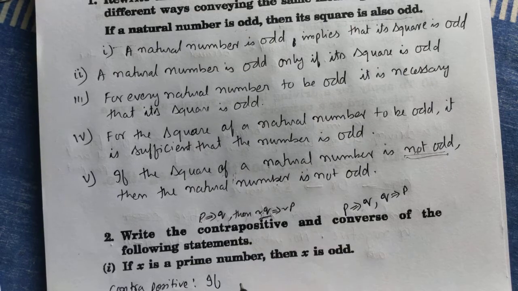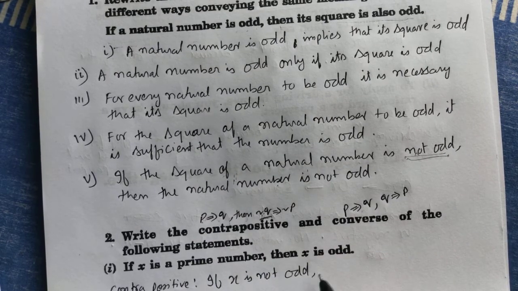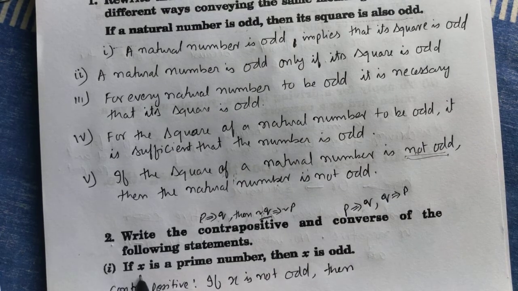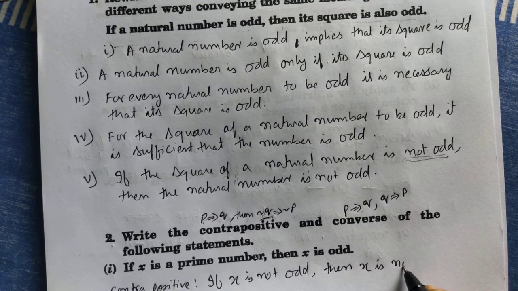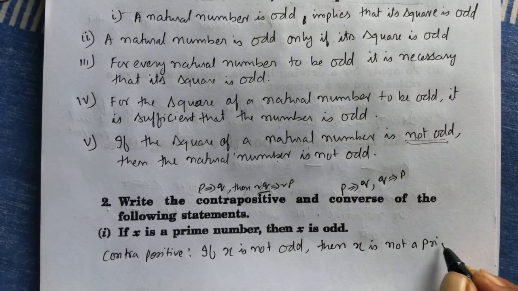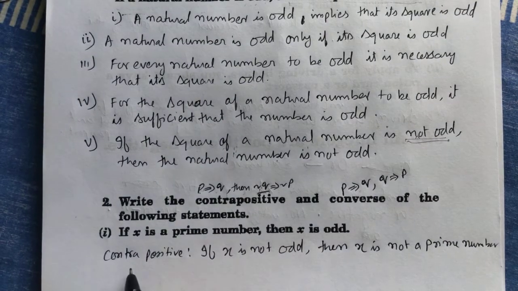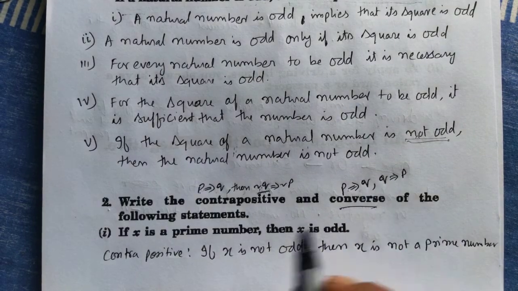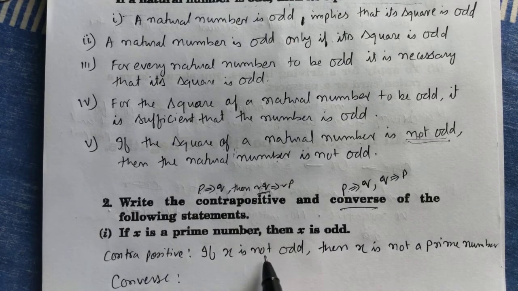If x is, instead of odd, we'll write if x is not odd, then x is not a prime number. And converse means if P implies Q, then Q implies P. So we don't use negation.